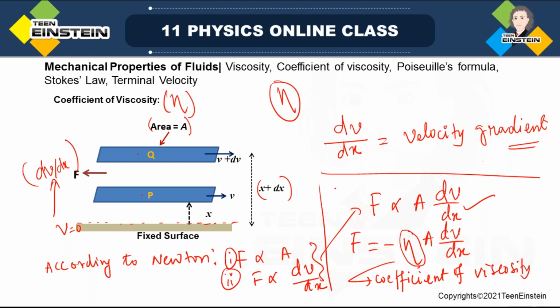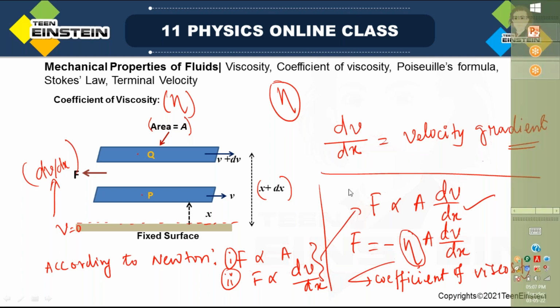Yeah, so I'll continue from this point: coefficient of viscosity. This coefficient of viscosity is the measure of the amount or nature of the viscosity. It depends on the nature of the liquid. It gives a measure of viscosity.